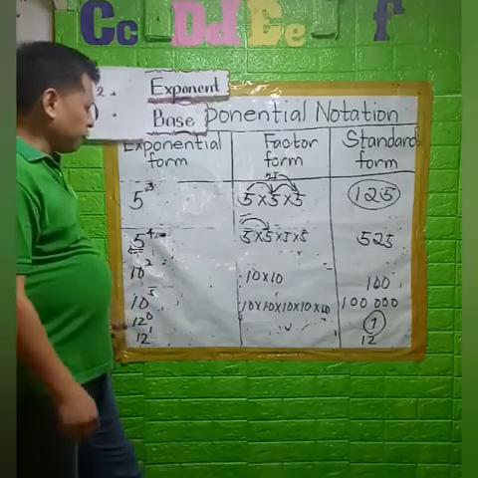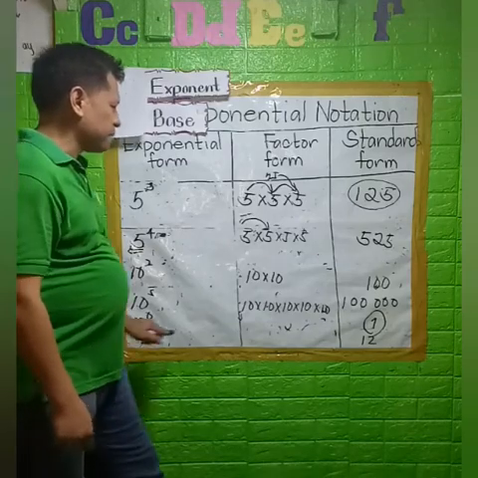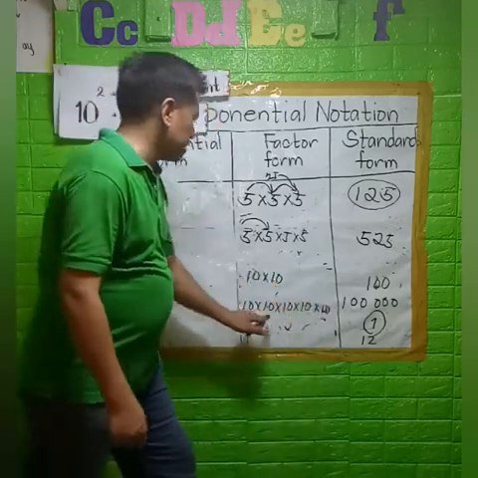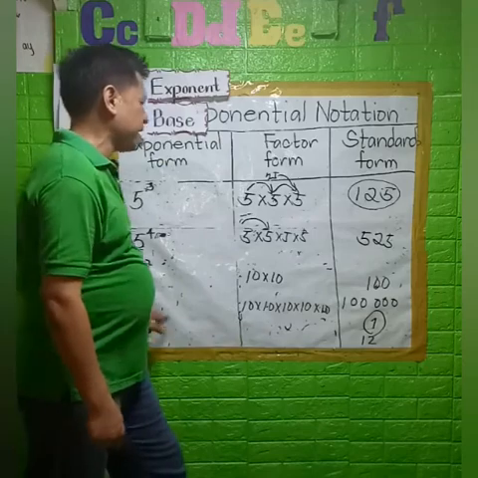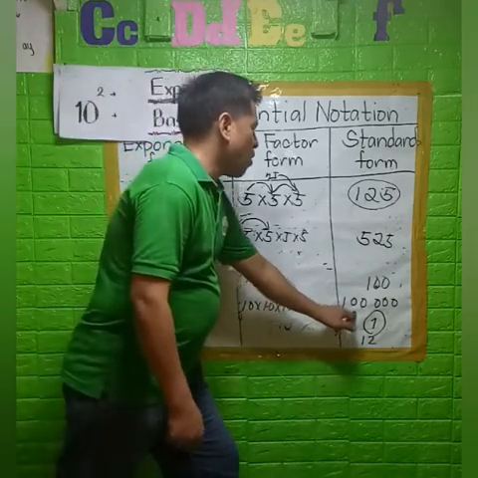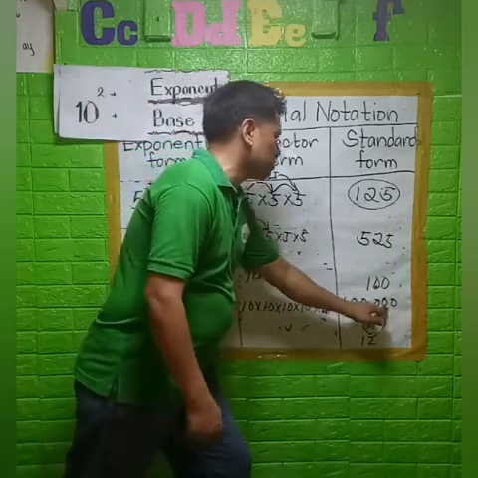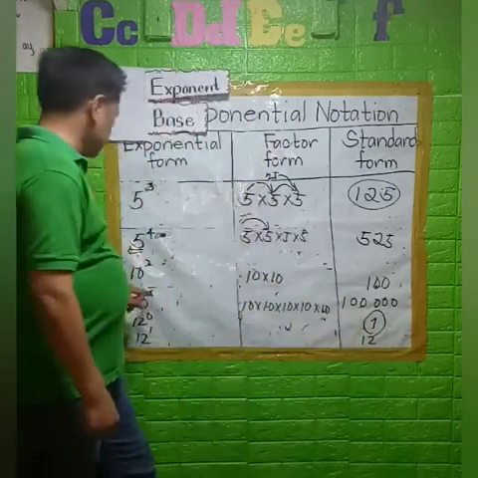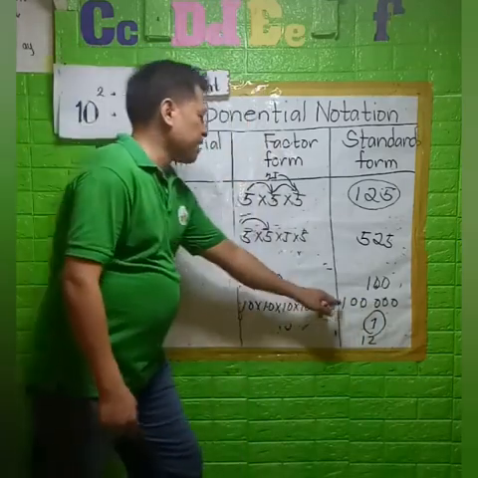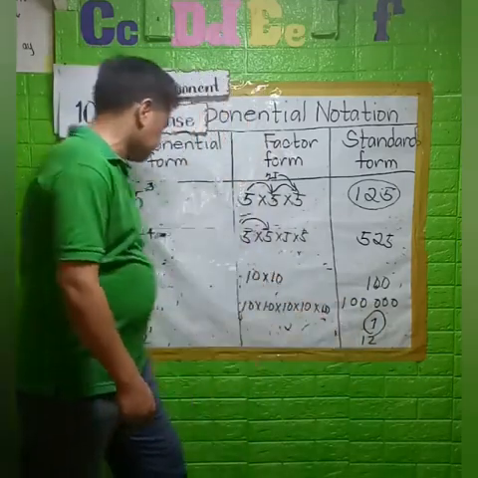That's why if we look at our example here, 10 to the power of 5, we will be having 100,000. So 1, 2, 3, 4, 5. That is our power. Then write the remaining number, which is 1.